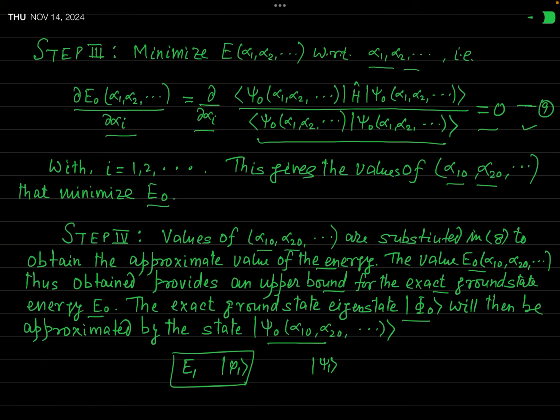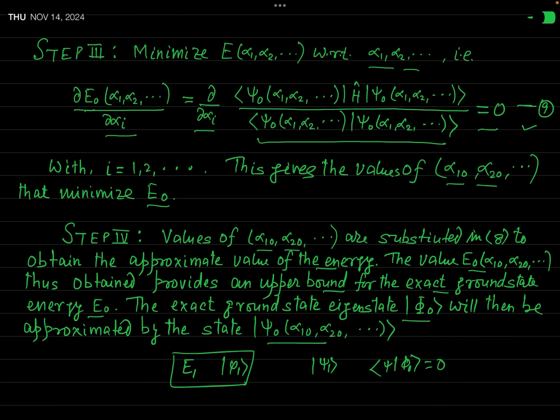This ket psi 1 must be orthogonal to phi naught, so this product will be equal to 0. So in this way, following the same method as we have minimized E naught, in this case you have to minimize E1.